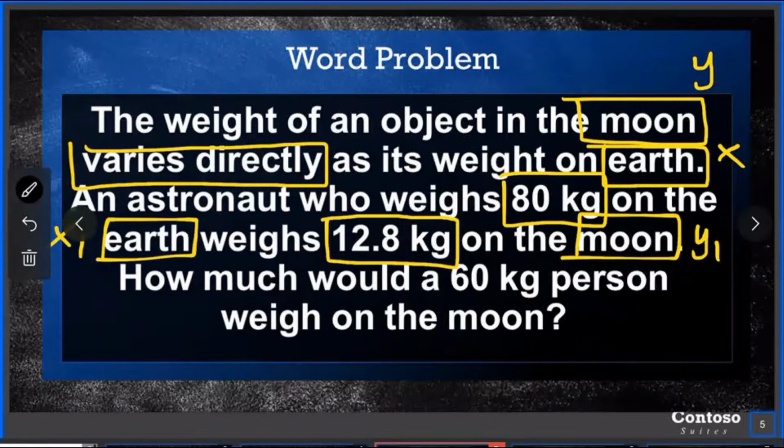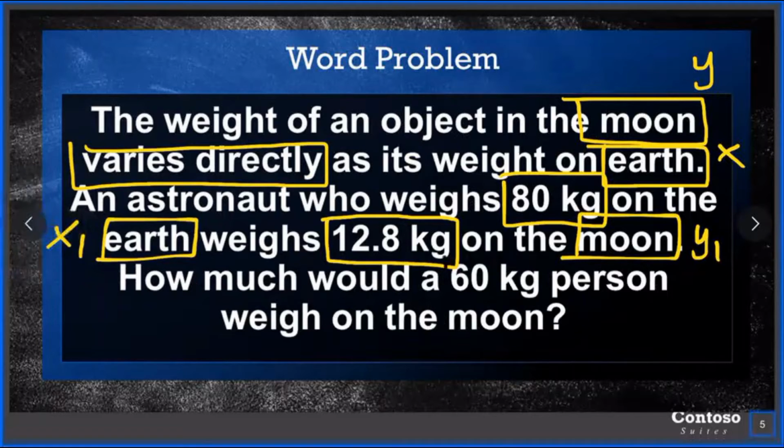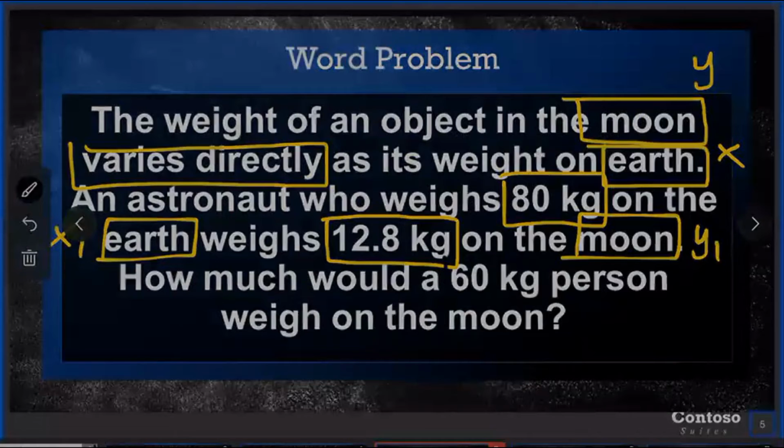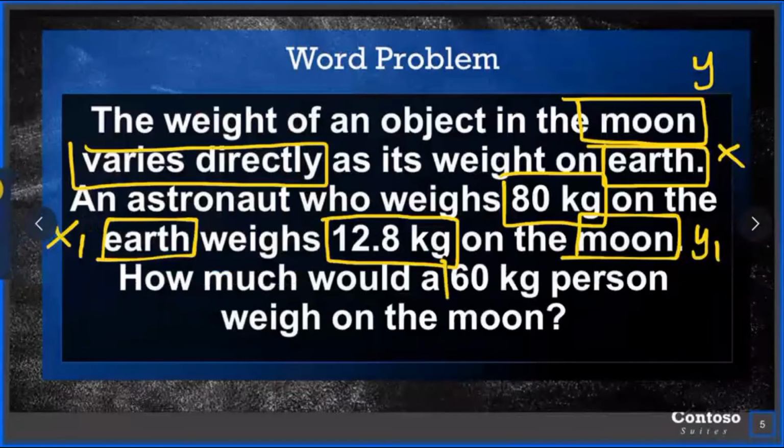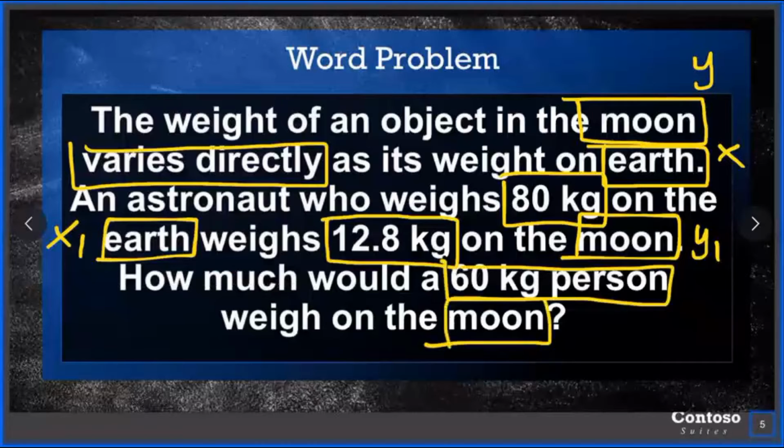Now let us proceed to the last sentence that we need to analyze. It says, how much would a 60 kilogram person weigh on the moon? So if we're talking about 60 kilograms, we are talking about x. We write it as x sub 2, since that is our second set.